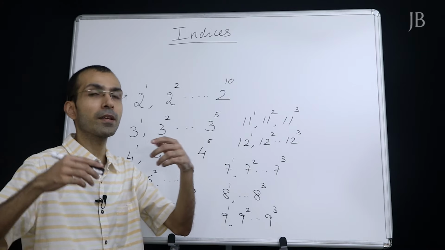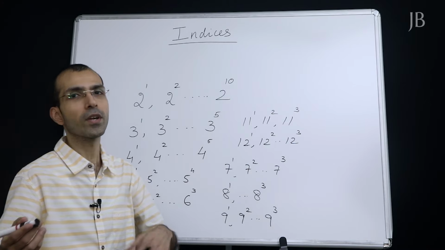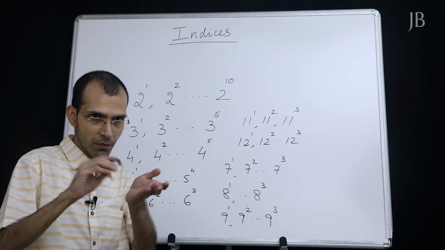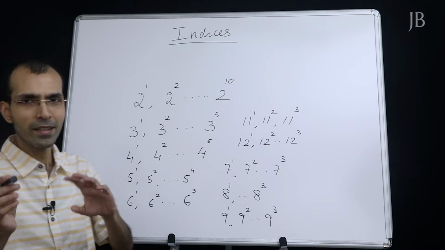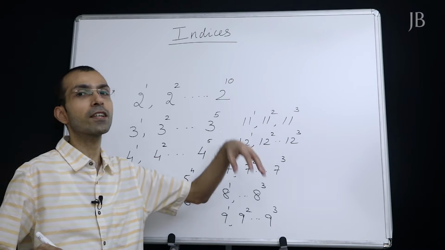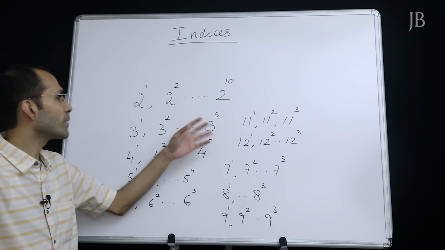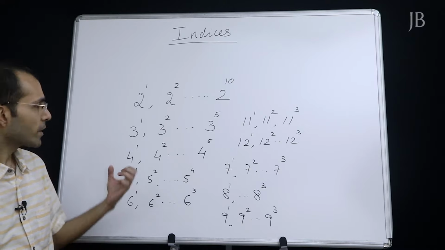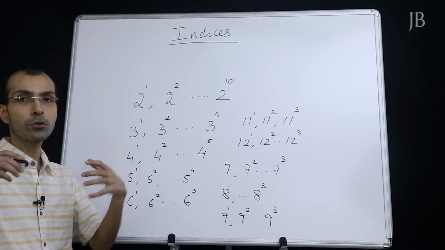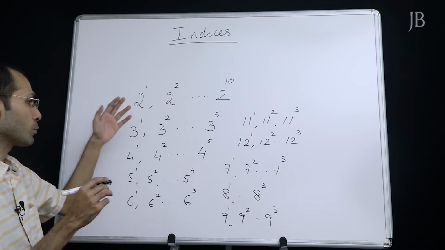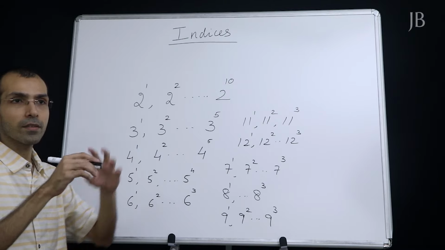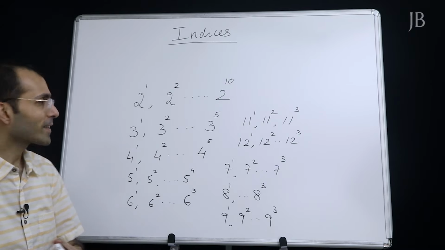So 12 cube will be more than that, that is 1728, because people do confuse between 1728 and 1278. So remember, 12 cube is 1728, more than 11 cube. So these values you will have to learn. Whenever you look at those numbers, you should be able to recognize, oh, this is 4 cube, this is 7 cube, this is 2 raised to 5, like that.